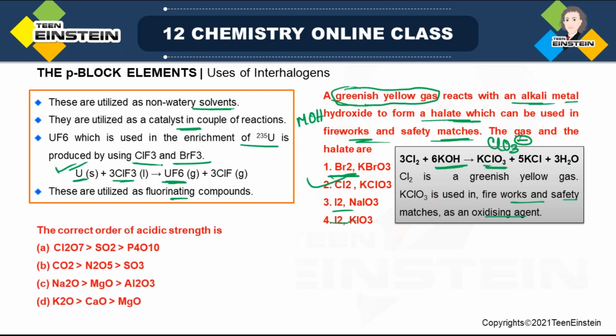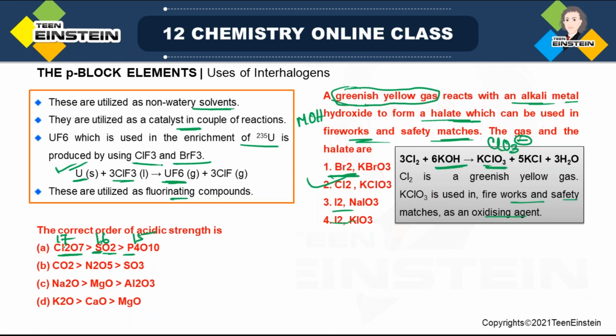The last question in today's class, correct order of acidic strength we have to find. Now here in the first option only you can see this is oxide of halogen, then oxide of group 16 element, then group 15. So here oxygen is common, but groups are changing 17, 16, 15, that is chlorine, sulfur, phosphorus. And oxidation states are also different. So with respect to oxidation state, you cannot give the explanation.